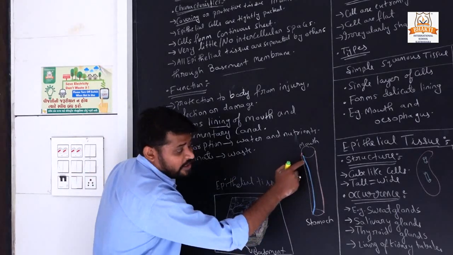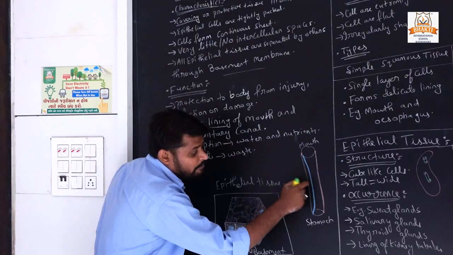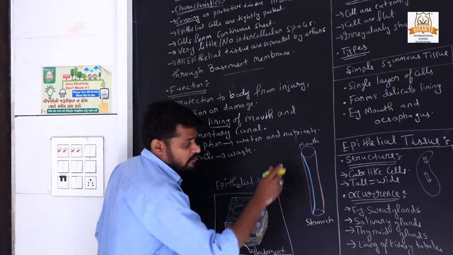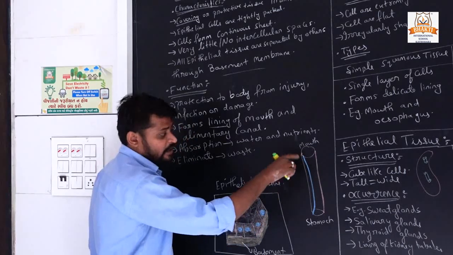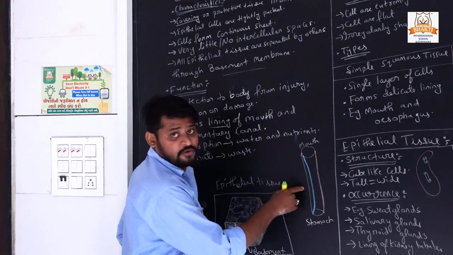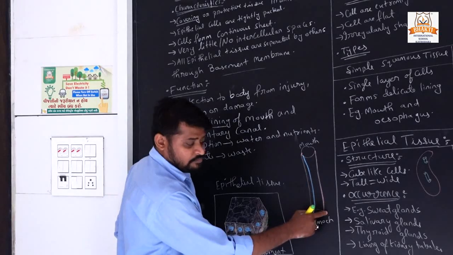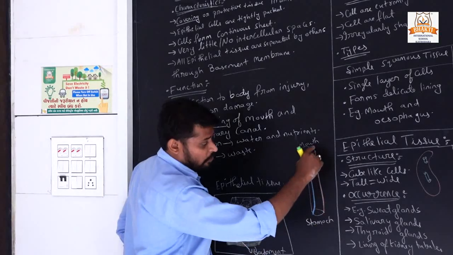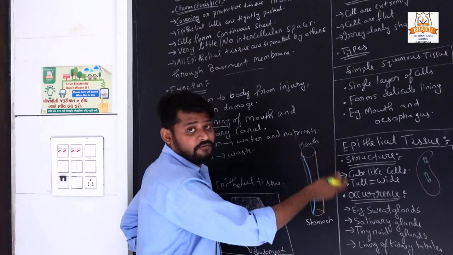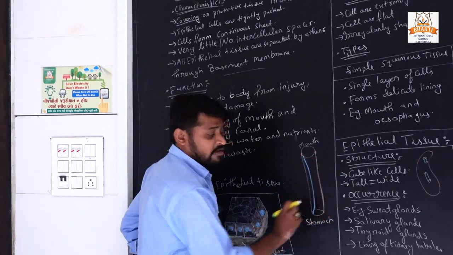If we coat the inner part of the esophagus, the inner part of our esophagus, it is called lining, and it is the pink region. If we coat the esophagus from outside, it is called covering.